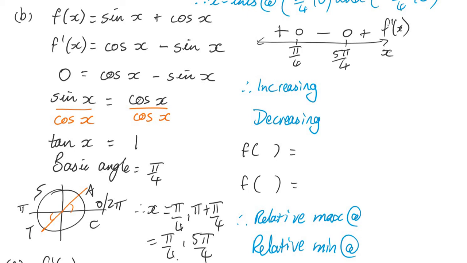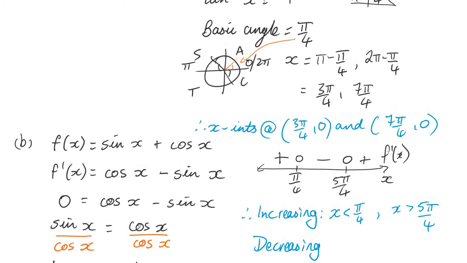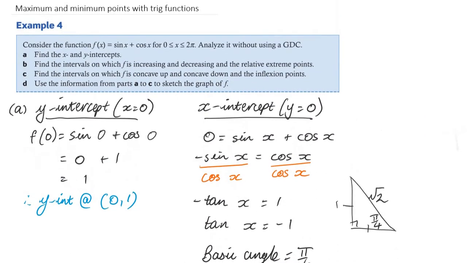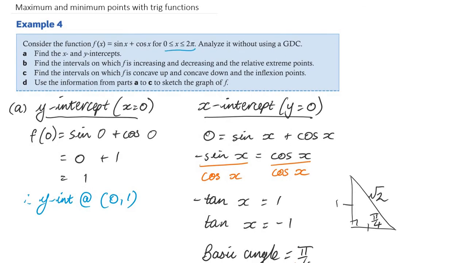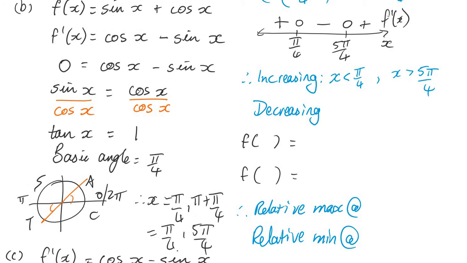So, when is it increasing? Two regions. When x is less than pi on 4, and when x is greater than 5 pi on 4. However, we have a domain restriction. Remember 0 and 2 pi were the values we used.